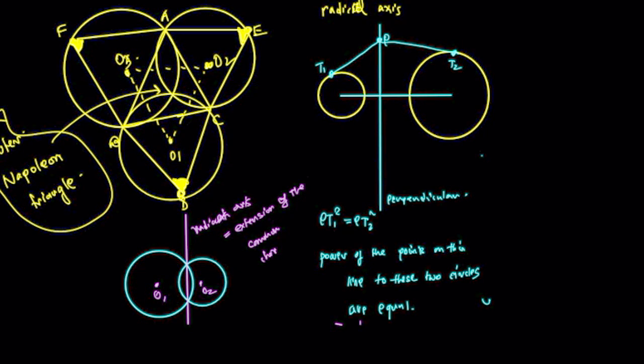Now you join the centers O1, O2, and you have this A and this one as B. We know that the line joining centers is perpendicular to the radical axis, which is the common chord.